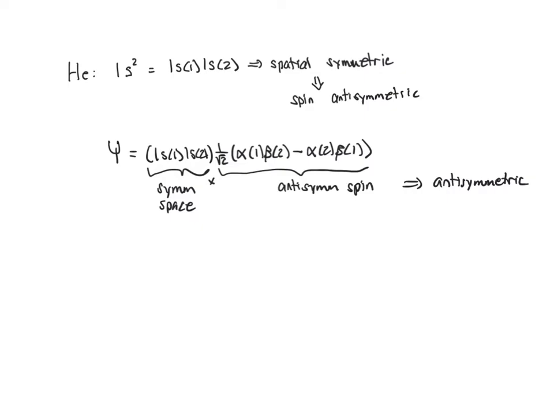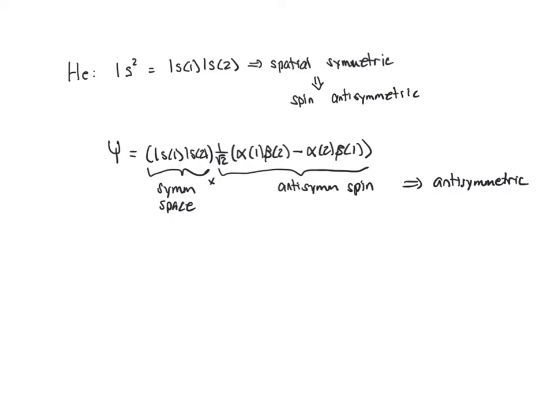So this means that if my two electrons are in the same orbital, that will lead to a symmetric space wave function. So if my two electrons are in the same orbital, my spins must be different. When electron 1 has a spin up, electron 2 has to have spin down. And when electron 1 has spin down, electron 2 has to have spin up.